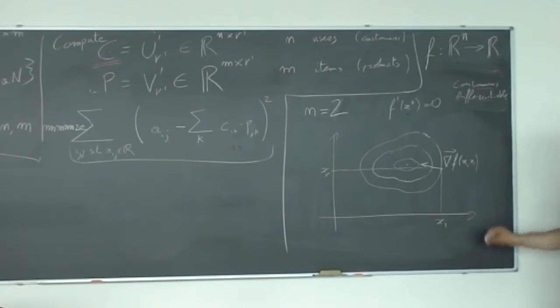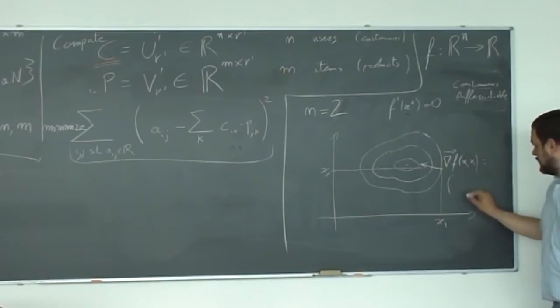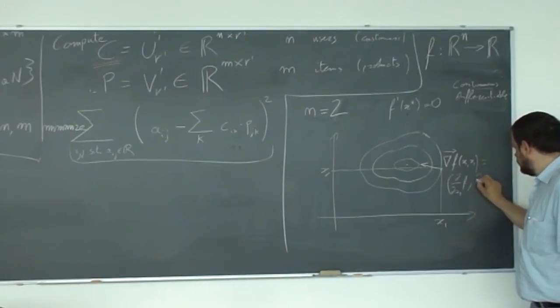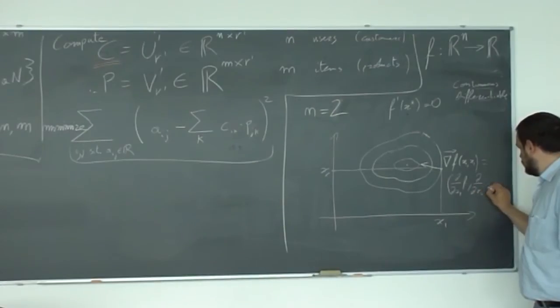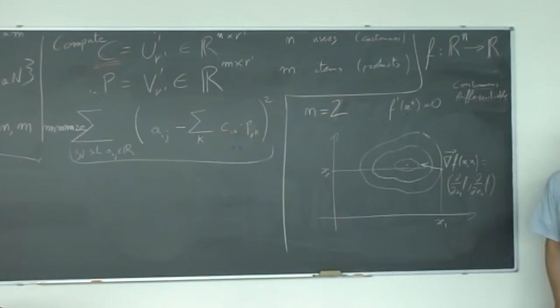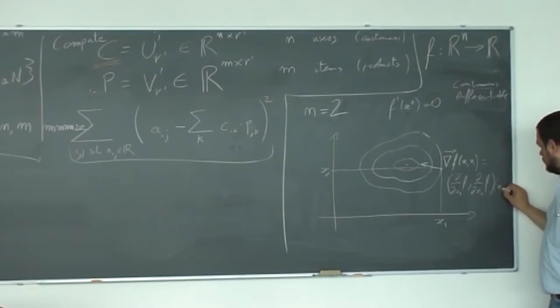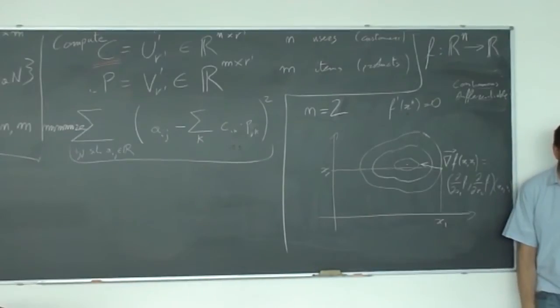What is the gradient of a function? It is the vector of the partial derivatives of function f, computed in the given point.